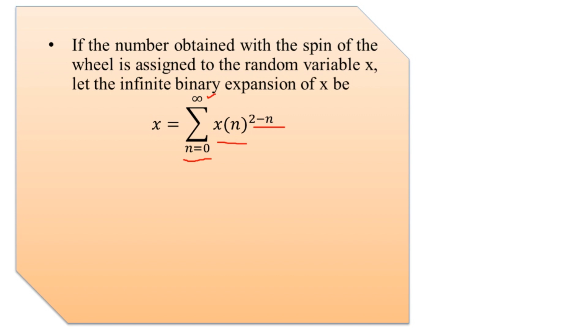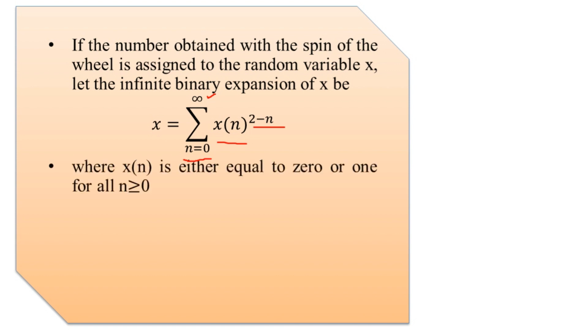So in this representation, x of n is either equal to 0 or 1, when we have the value of n to be always positive, that we can represent as n always greater than or equal to 0 here.